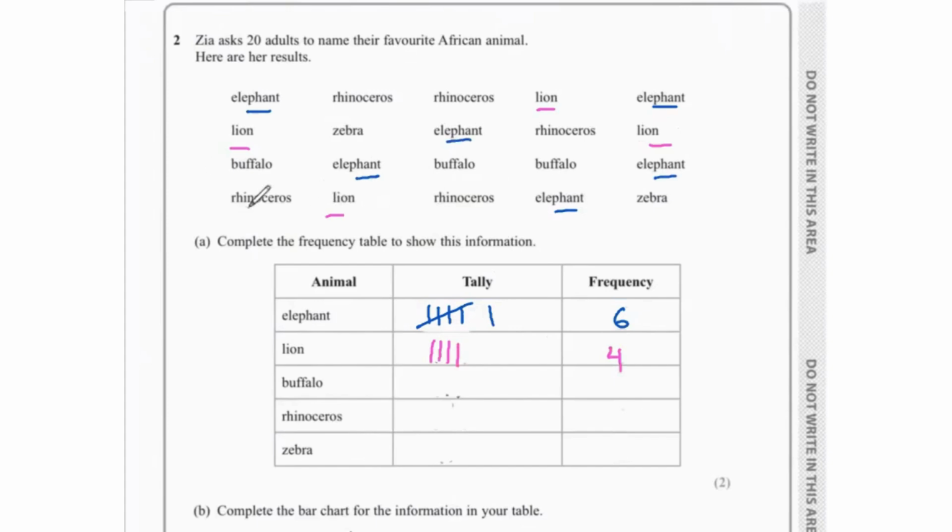Then buffalo, 1, 2, 3. And then rhinoceros, that's going to be 1, 2, 3, 4, 5. And lastly, zebra, that's 1 and 2. So that's your tally and frequency.